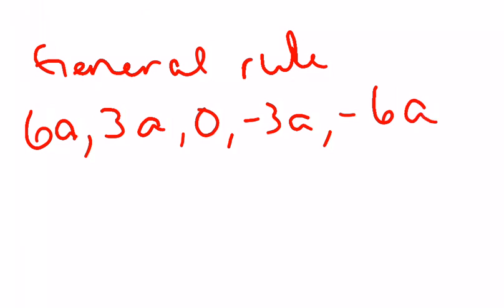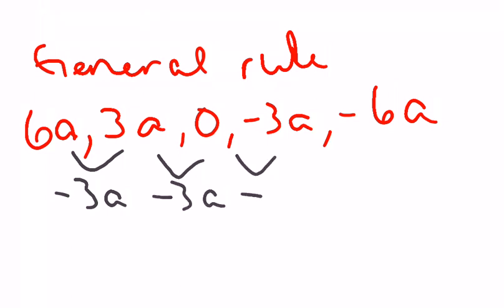And so we first look for a common difference, and we notice that we're subtracting 3a each time. And then we focus on that first term, but it's not enough to just say, oh, well, we're subtracting 3a, but how did I get 6a in the first place? If I subtracted 3a, what did I have?